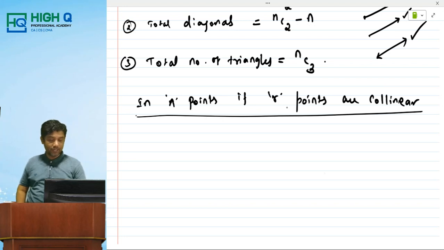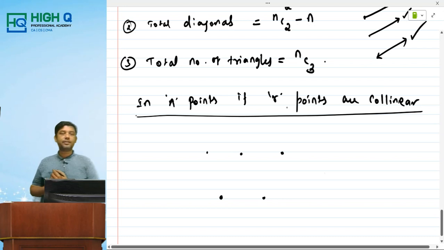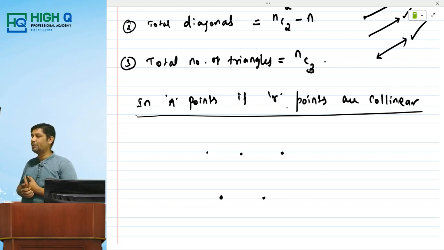Now listen here. In n points, if r points are collinear, this is the question. Using 5 points, how many lines could we draw? If they are collinear points, how many lines could we draw? Non-collinear points means how many lines? 5C2, total 10 lines we could draw.